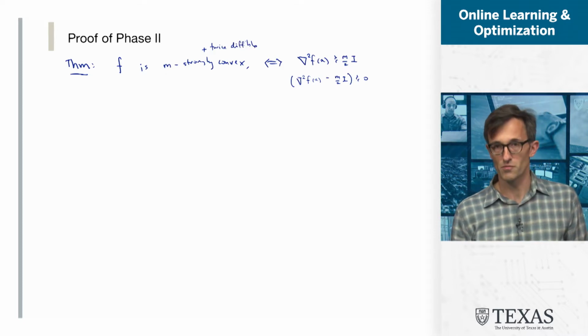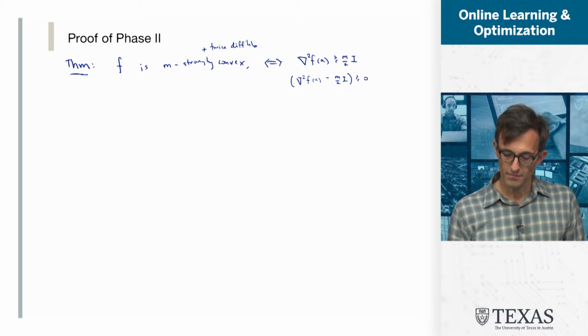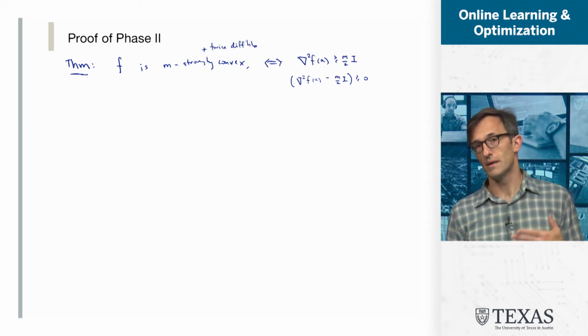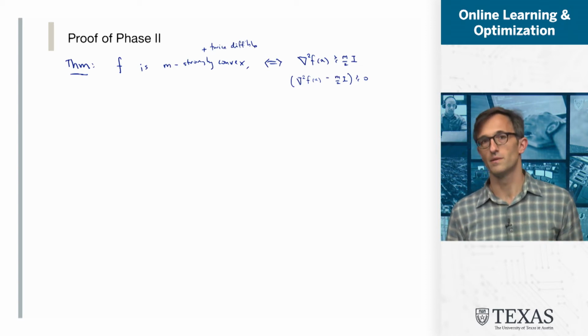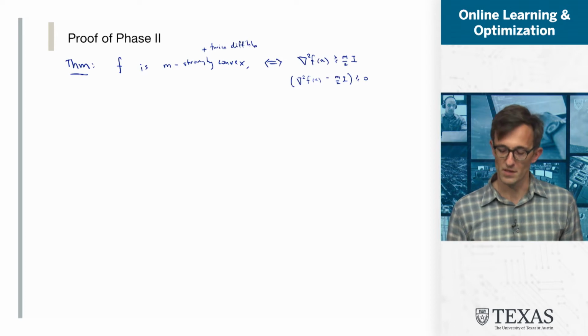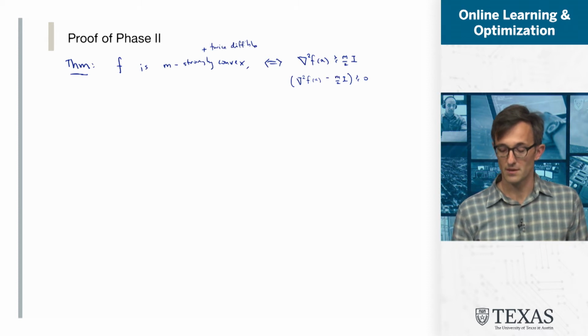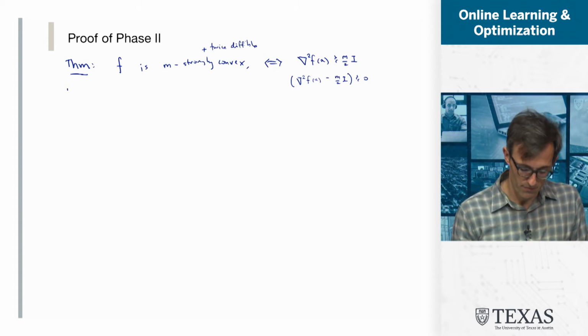We're also going to assume that the Hessian is Lipschitz. So we've talked about the function f being Lipschitz. We've talked about the gradient being Lipschitz. That's a definition of what we call smoothness in convex optimization. But for Newton's method, we also require a Lipschitz constant on the Hessian. So the Hessian is L Lipschitz.